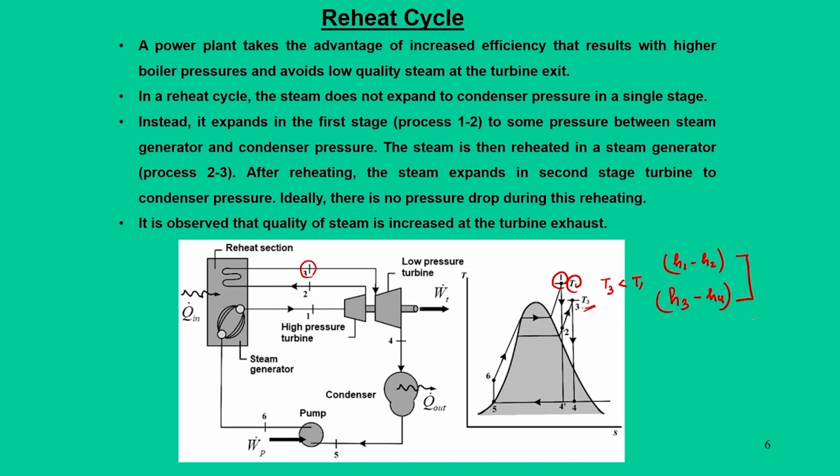These two additional terms enhance the work output. So, this is the advantage we get in a reheating process. Then, from 4 the system goes from 4 to 5 in a condensing unit, 5 to 6 in the pump, and again from 6 to 1 in the boiler. So, this is all about the reheat cycle.